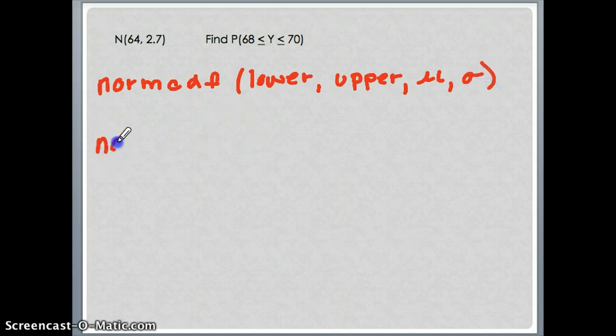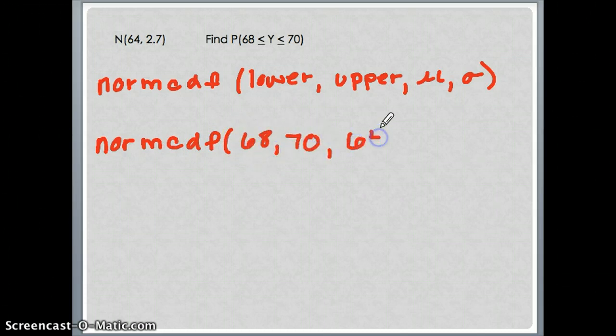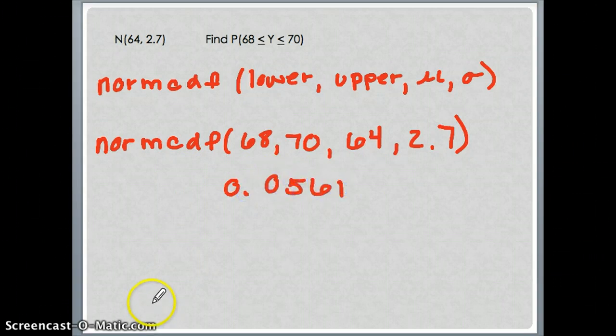So for this, it would be putting in norm CDF for 68 to 70 with a mean of 64 and a standard deviation of 2.7. And you throw all of that into the calculator, and of course it's got to give you the same thing as when we used our z-scores.